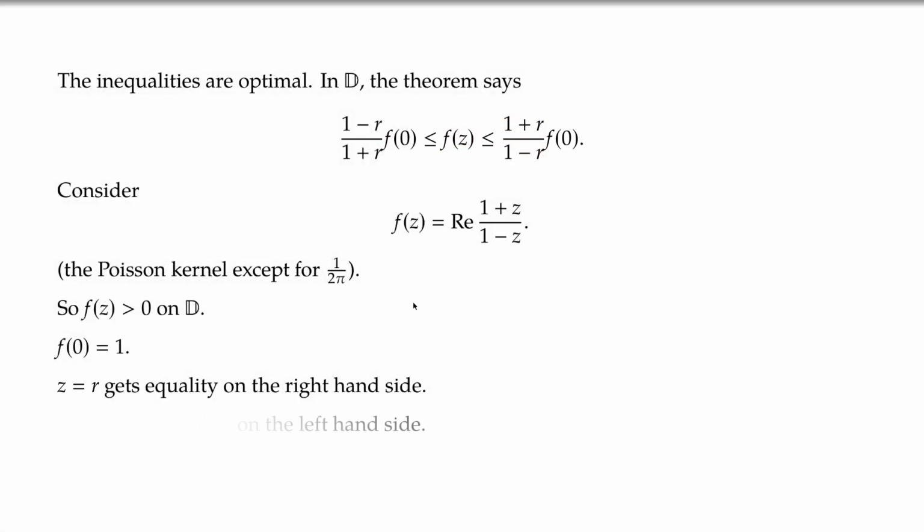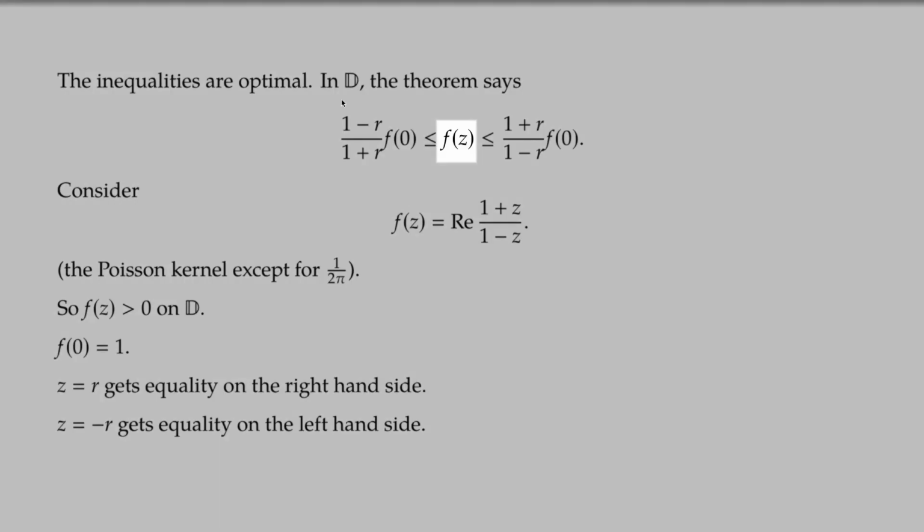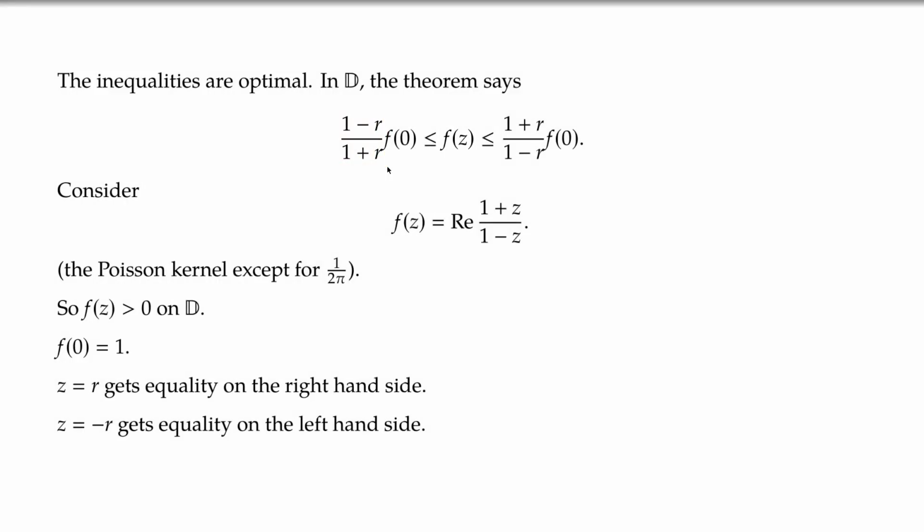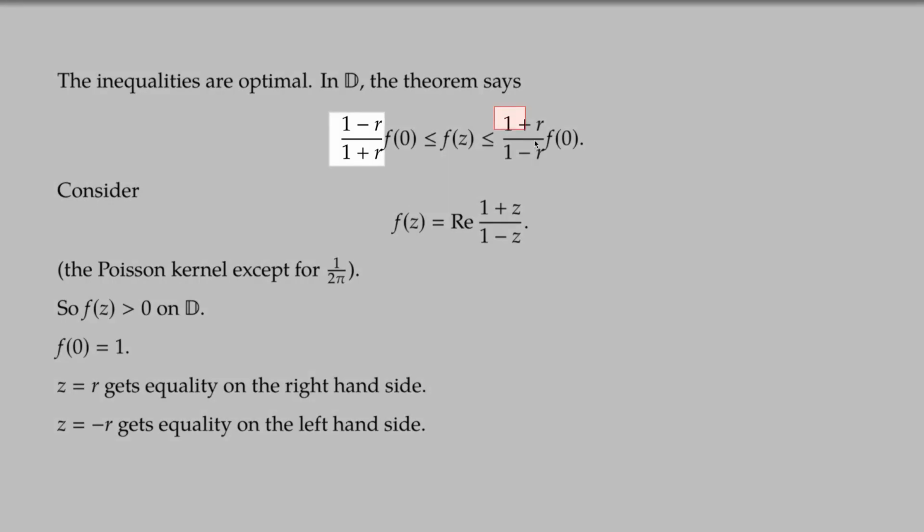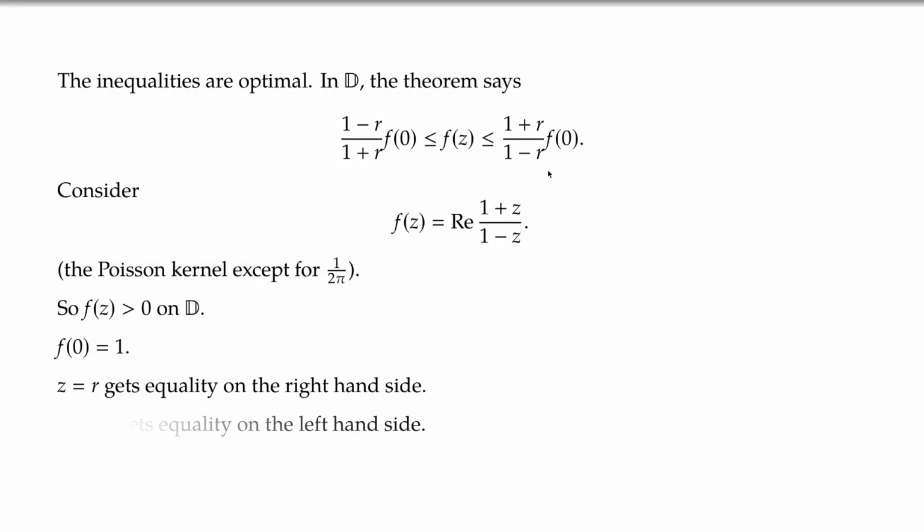And similarly, if we plug in minus r, we get that f is actually 1 minus r over 1 plus r. So we get, again, an equality over here. So that means that these two constants, given this setup, this is the best that we can do.